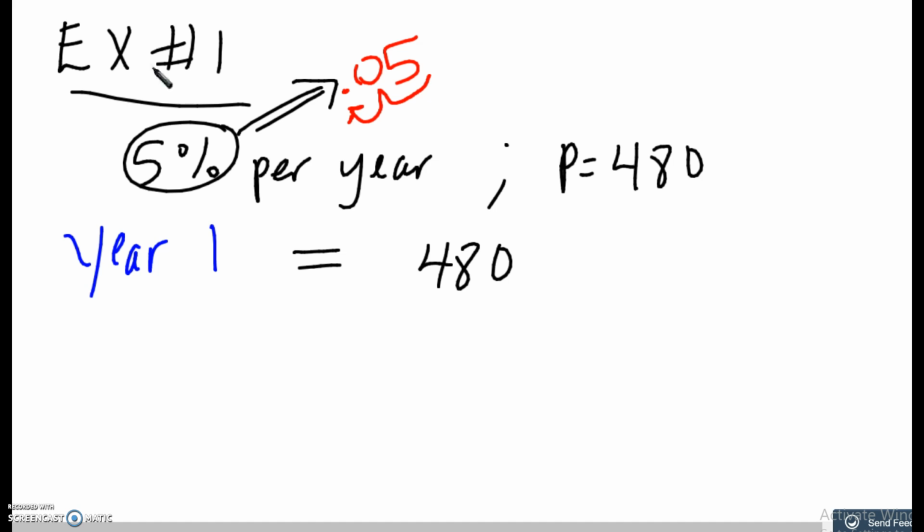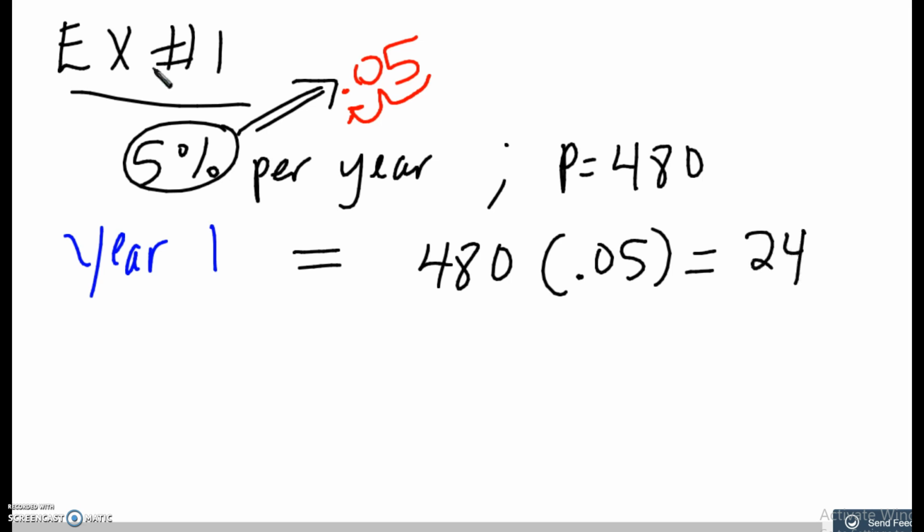So we're going to multiply 480 by 0.05, and that will tell us what 5% of 480 is. And 480 times 0.05 gives us 24.